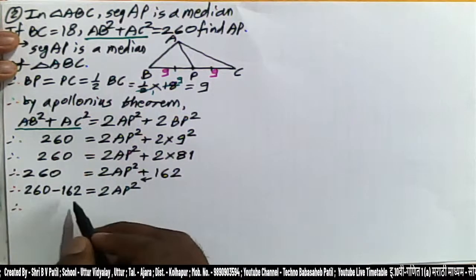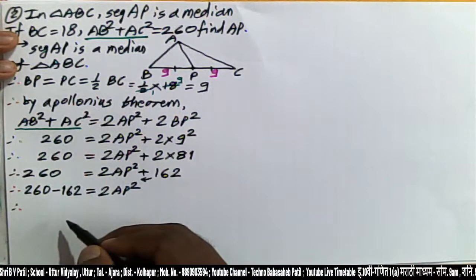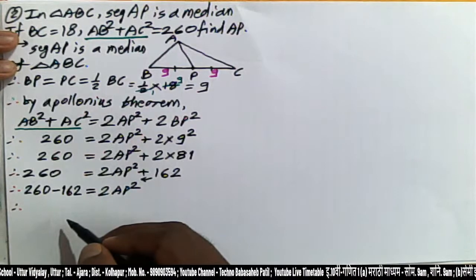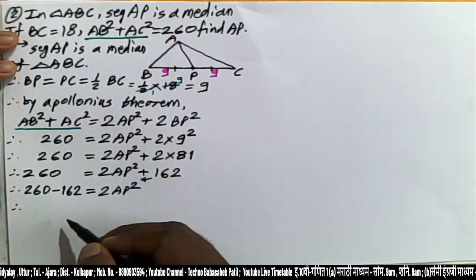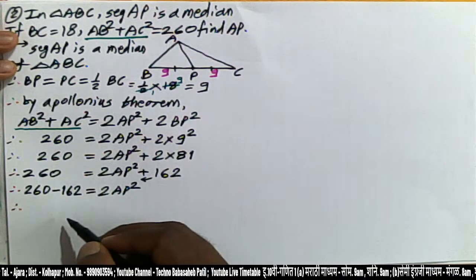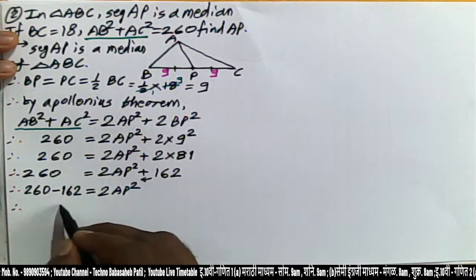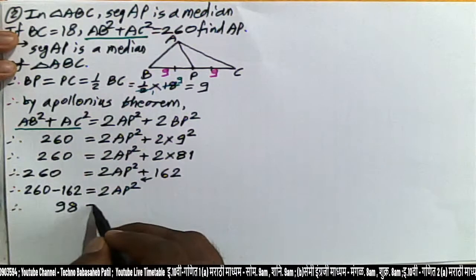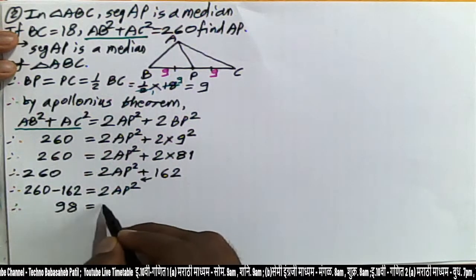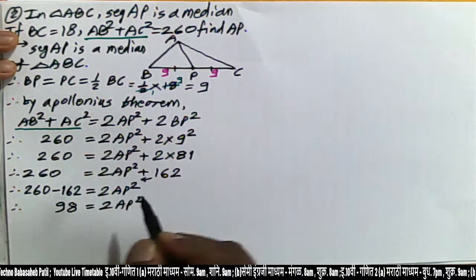Subtraction gives 98. Good answer. 98 is equal to twice AP square.